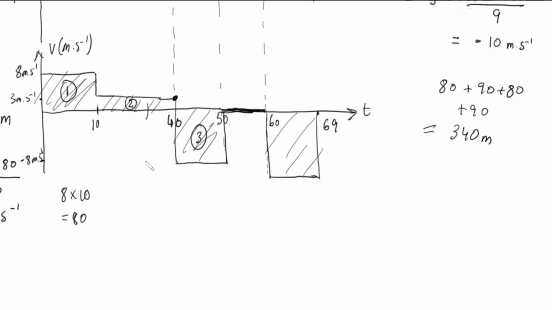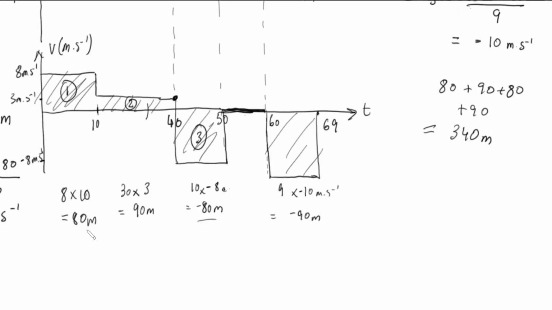For the second stage, we have 30 seconds times 3 meters per second, which gives us a displacement of 90 meters. For stage 3, we have 10 seconds times negative 8 meters per second, which gives us negative 80 meters. And for the last leg, we have 9 seconds times 10 meters per second, which is negative, to give us negative 90 meters.